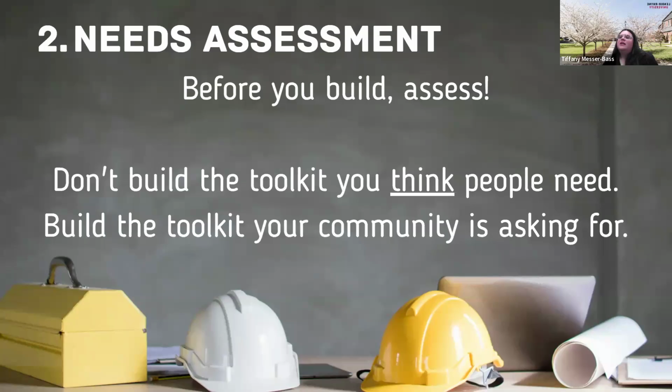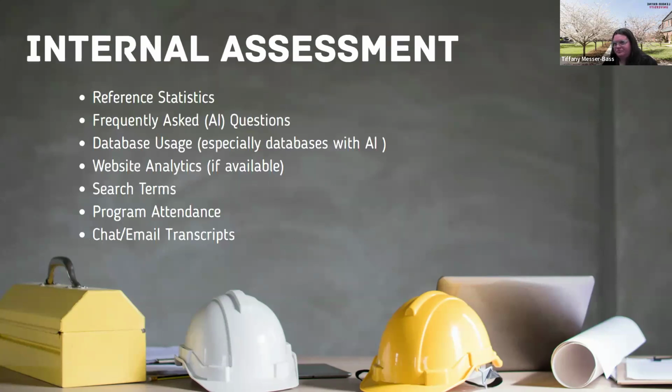Now, your needs assessment. So I've shown you a lot of things that you could use, but maybe you don't need every single one of those things. So before you start building and getting ideas, assess what your community needs. So I want you to think about building the toolkit that your community is asking for rather than making an assumption.